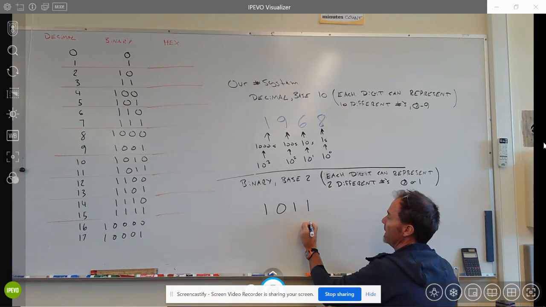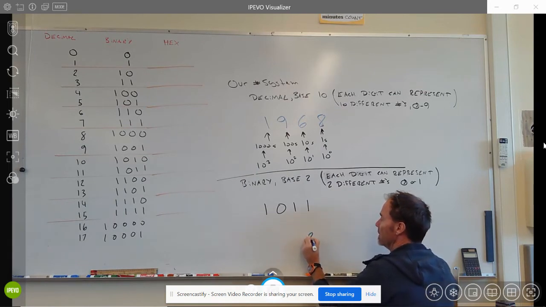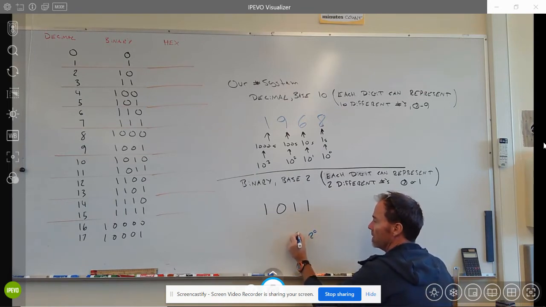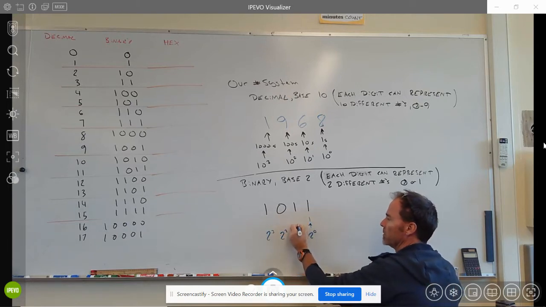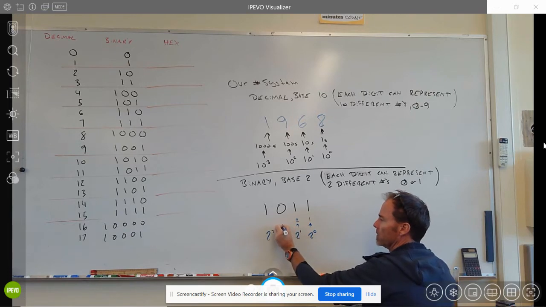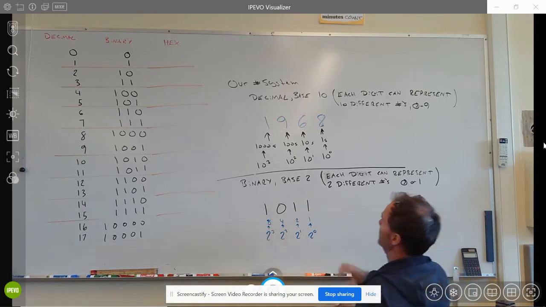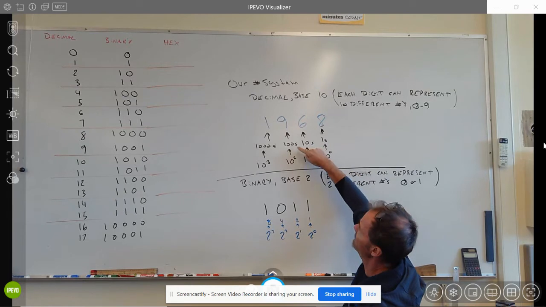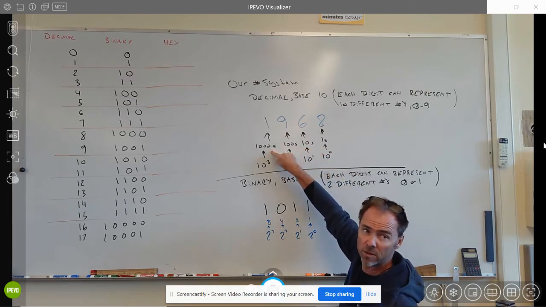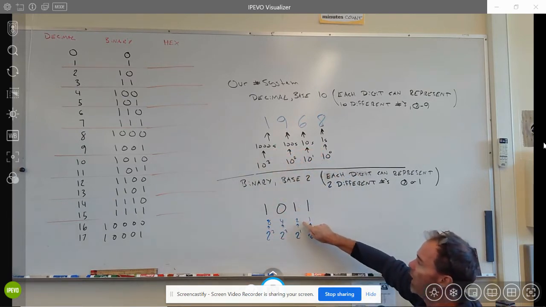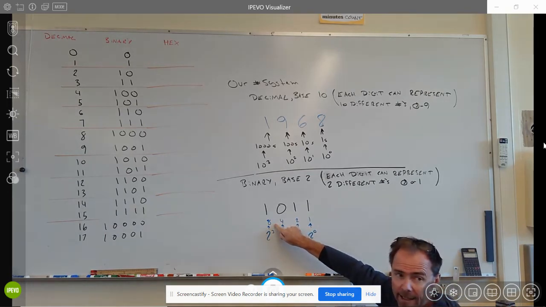So this would be 2 to the 0, 2 to the first, 2 to the second, 2 to the third. 2 to the 0 is 1, 2 to the first is 2, 2 to the second is 4, 2 to the third, 2 times 2 times 2, is 8. So instead of ones, tens, 100s, and 1000s, in binary I have 1, 2, 4, and 8.